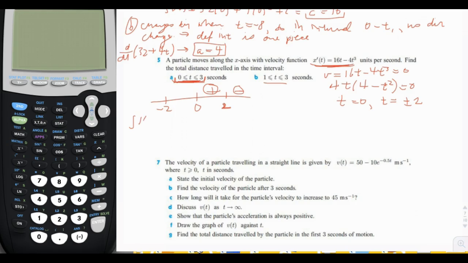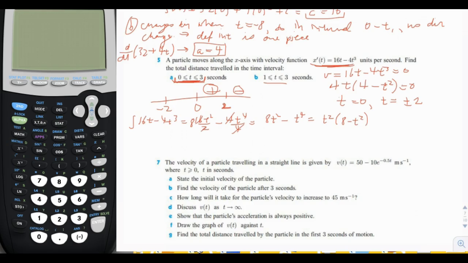The integral of 16t minus 4t cubed is equal to 16t squared over 2 minus 4t to the 4th divided by 4, which is equal to 8t squared minus t to the 4th, which is equal to t squared times (8 minus t squared).